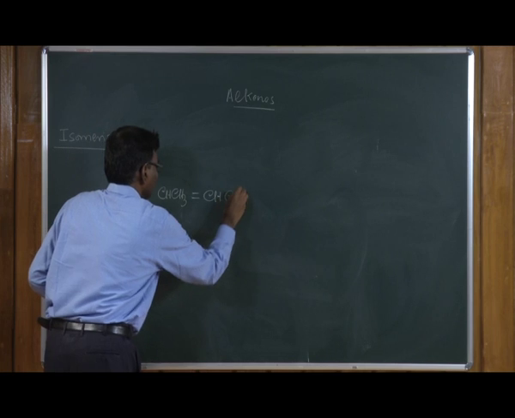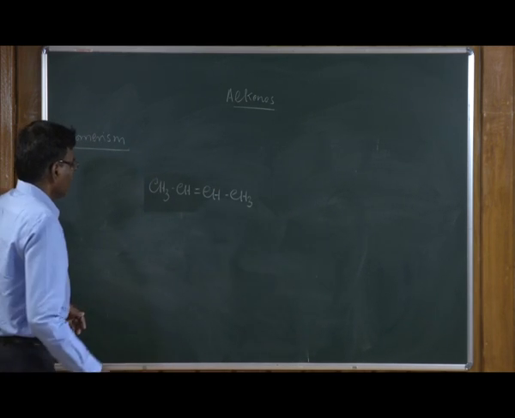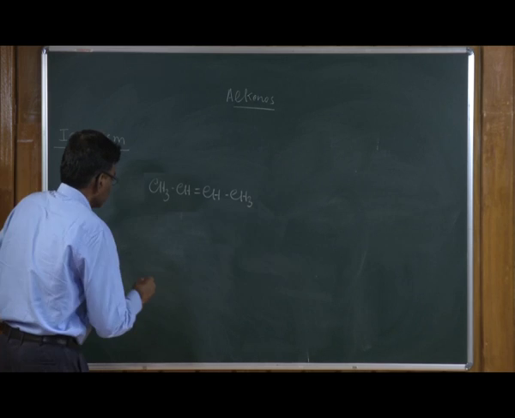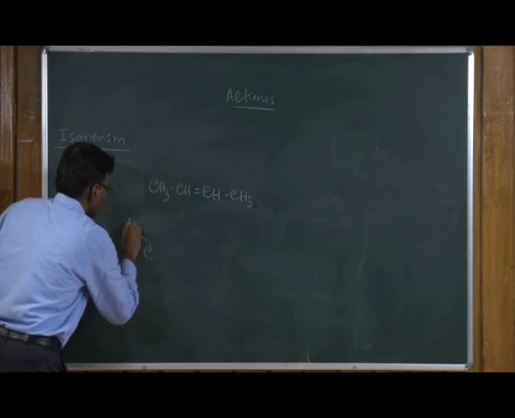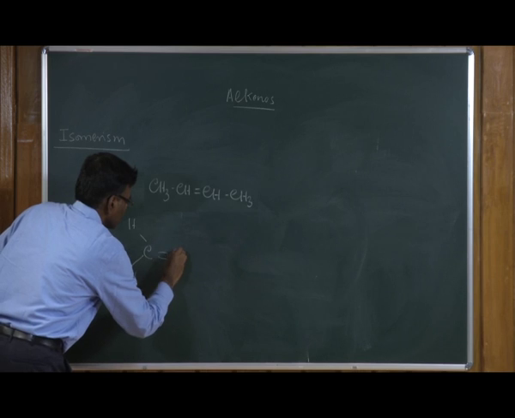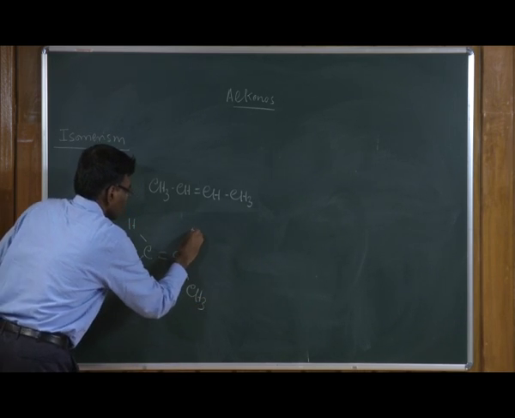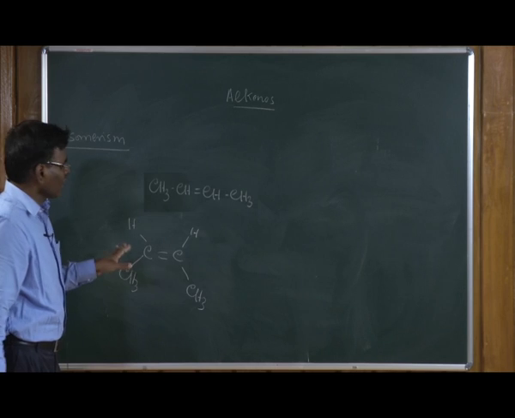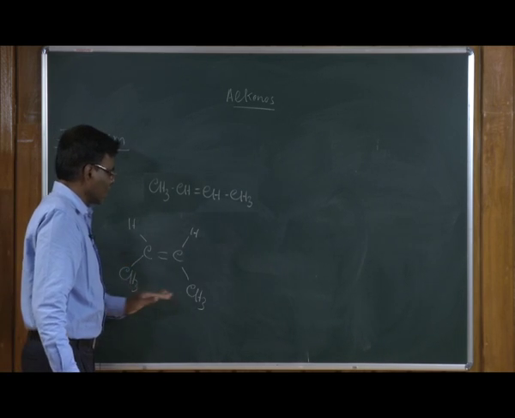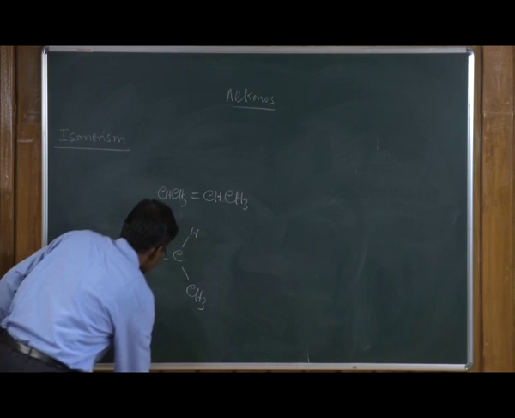This compound we can write in two forms. In this case, if we look at it, both CH3 are on the same side. So, this is called cis.